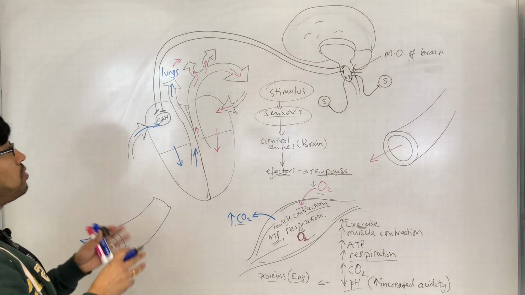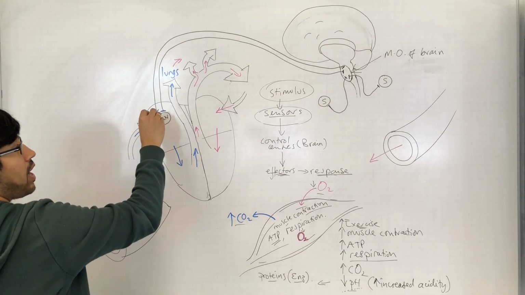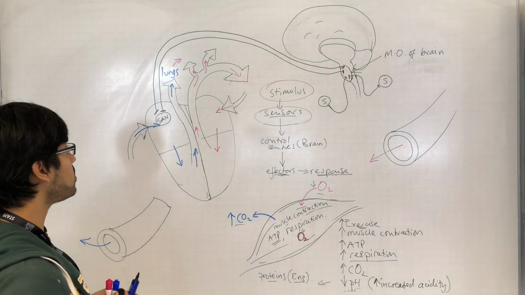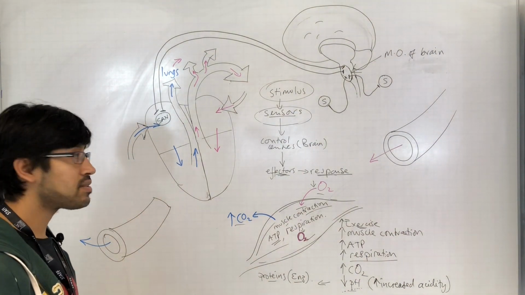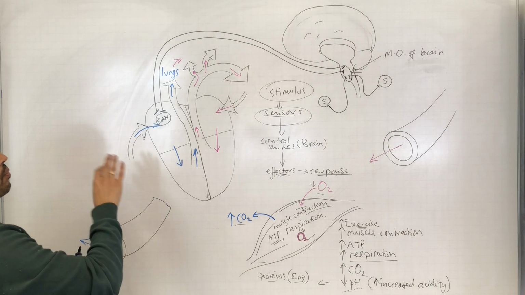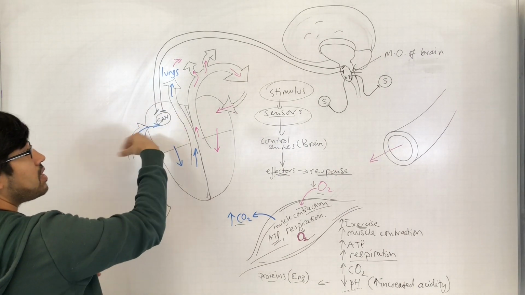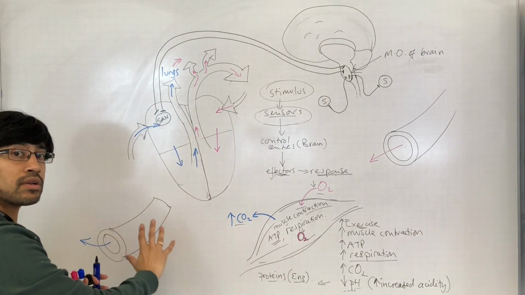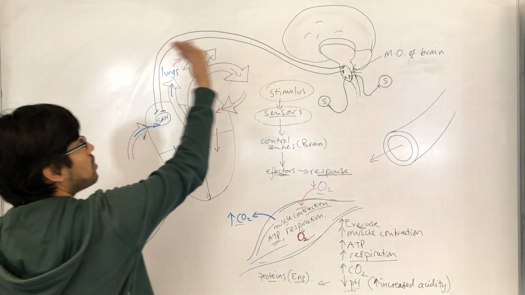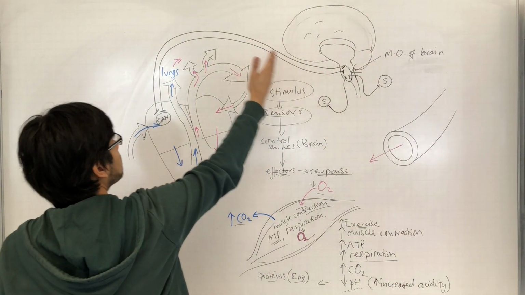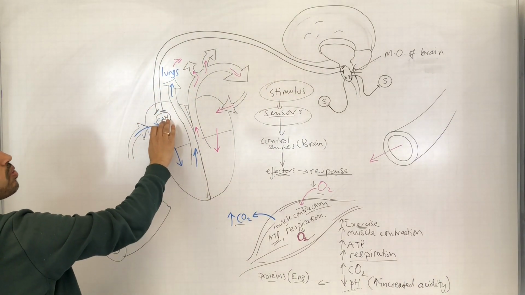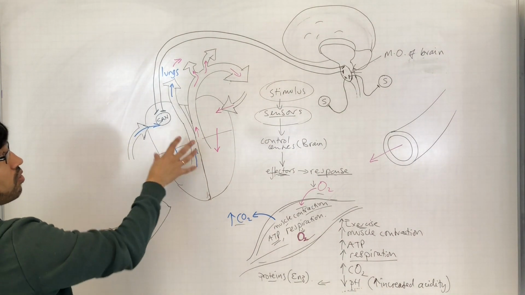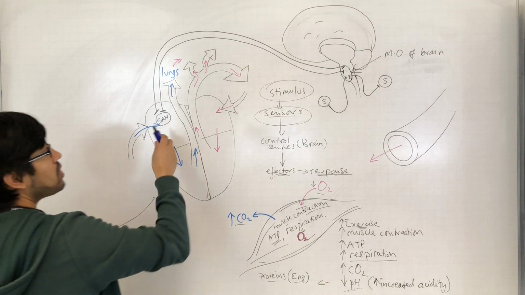And in a different video, I have discussed how the SAN regulates the events of the heartbeat, the cardiac cycle, so you might want to check that out. But assuming that the SAN is what you need to control in order to control the rate of the whole heart, then the cardiovascular control center only needs to be able to control this in order to control the rate of beats of the heart. Now, how it does that is this.